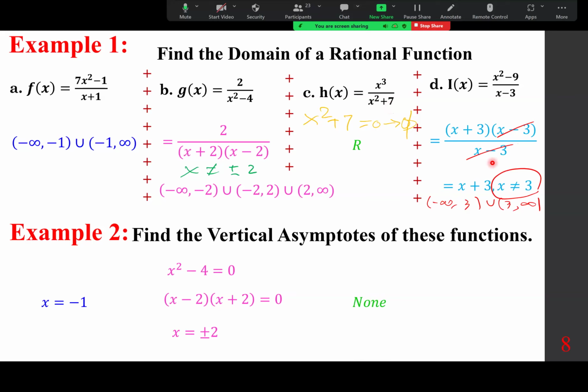For the last one, x minus 3 cancels out. Although x minus 3 equals 0 gives x equals 3, meaning x can't be 3, which affects the domain, the graph is the same as the line y equals x plus 3 but with a hole. So it has no vertical asymptote because x minus 3 cancels out. That's extremely important for everybody to recognize.